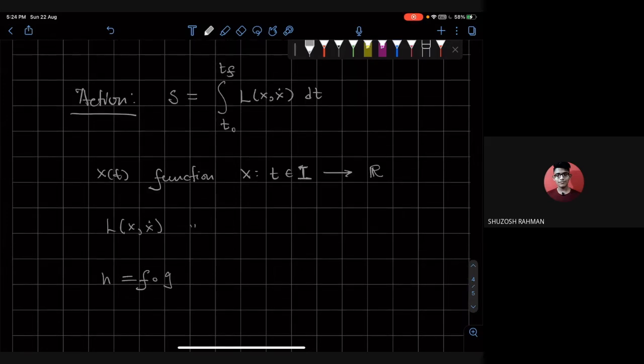We fix the boundaries, the initial and the final time, but what we're putting in here is the path x. Okay. So the value of this integral will change depending on what path, what function x we choose, right? Is that clear?